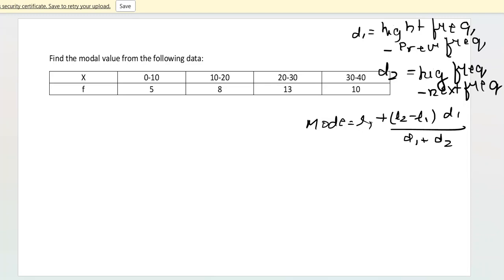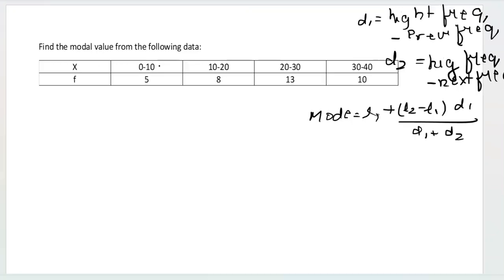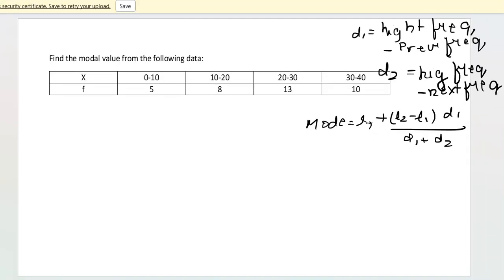Now, in this problem we need to select some interval for L1 and L2. The interval having the highest frequency will serve as the modal class interval. If you see, 13 is the highest frequency, so this becomes the modal class interval.